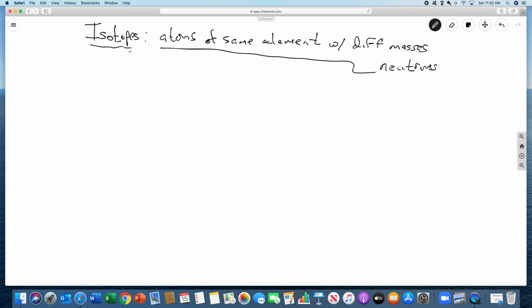But this is why the atomic masses are not necessarily pure numbers, because the atomic mass, or molar mass, is an average of the masses of the isotopes.